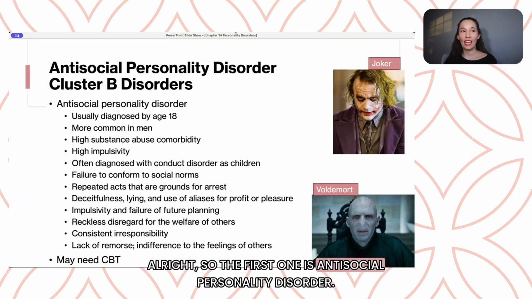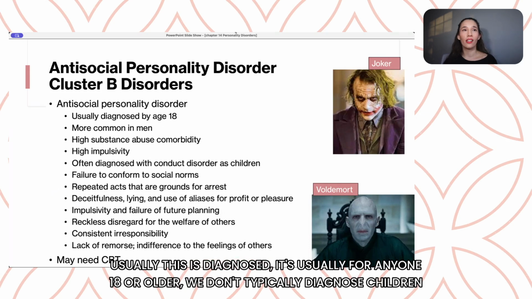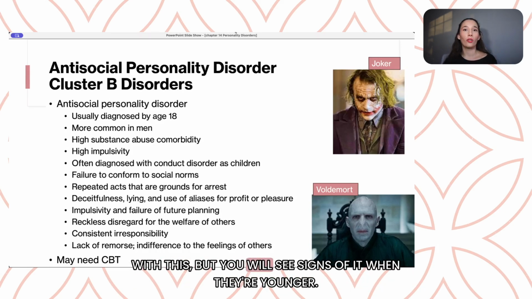All right, so the first one is antisocial personality disorder. Usually this is diagnosed for anyone 18 or older. We don't typically diagnose children with this, but you will see signs of it when they're younger.